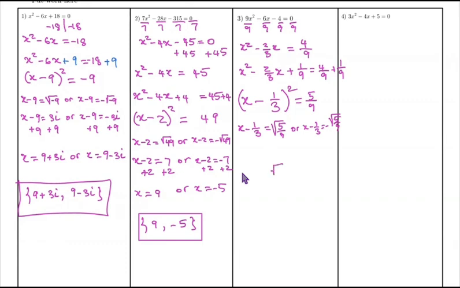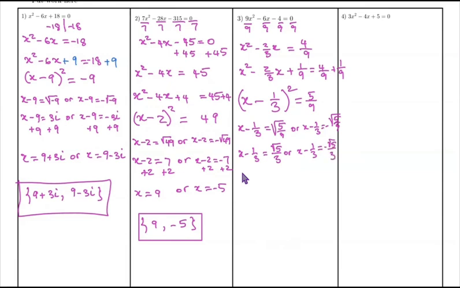Square root of 5 over square root of 9, that is square root of 5 over 3, right? So we have x minus 1/3 equals square root of 5 over 3, or x minus 1/3 equals negative square root of 5 over 3.